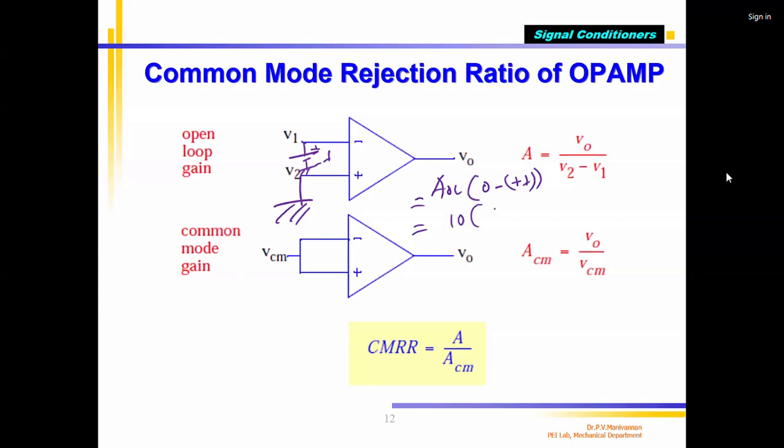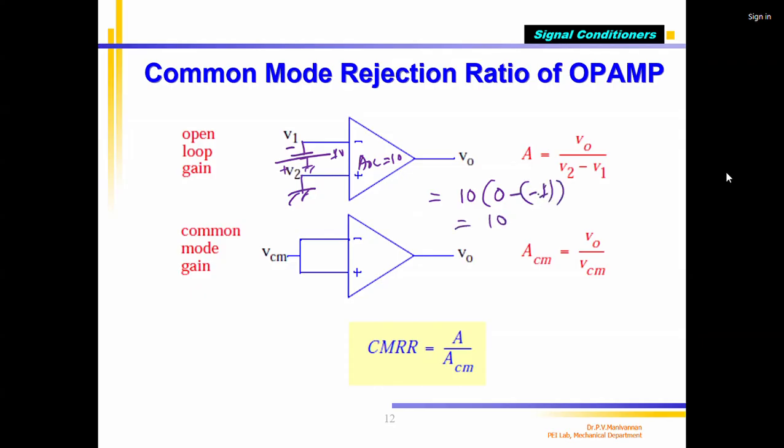This is 10 times minus 1, so minus 10 volts. So if I give a positive voltage at the inverting input, the output will be negative. If I give a minus voltage, 1 volt, the output will be 10 multiplied by 0 minus minus 1, so you get 10 volts.